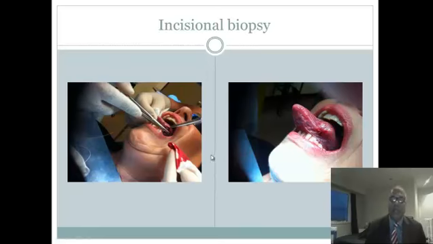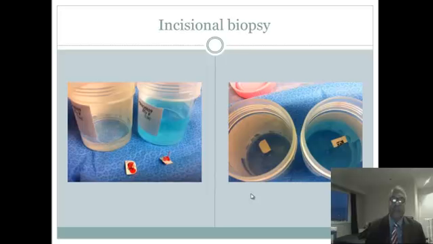And a lot of this stuff I'm doing without suction. We can control the bleeding reasonably easily with just gauze. Don't forget that mucosal lesions that we talk about, white, red lesions or ulcers, are only dealing with the epithelium. The pathology is in the epithelium, so we don't need to go too deep with these lesions.